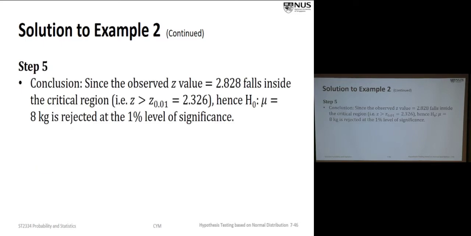So now finally we make a decision because the observed value falls in the critical region. That's one approach. The critical value is 2.326, and now what I observe is 2.828. This is the rejection region, so I reject it. At the same time, the p-value is here, which is less than 1%.